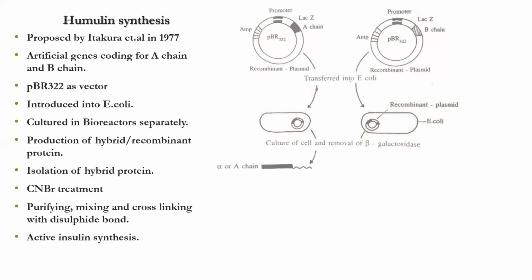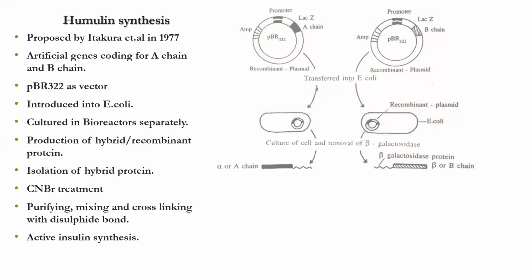So this results in the production of the A chain with beta galactosidase in one type of bioreactor with bacterial cells, and in another bioreactor, the expression of recombinant DNA in the bacterial cells results in the production of a recombinant protein consisting of the B chain as well as beta galactosidase protein.